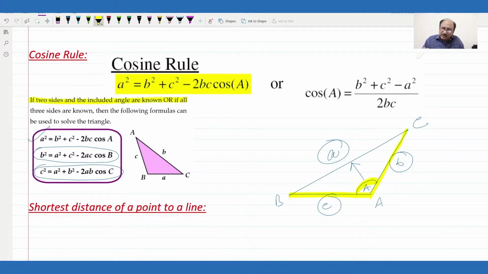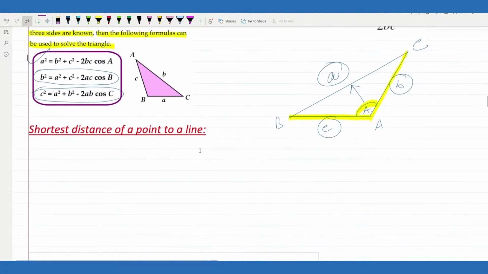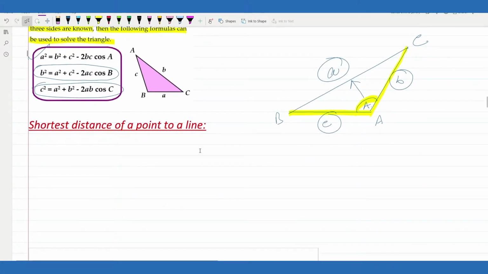Or the second situation is if we know all three sides of the triangle, then we can use this. Then we can discuss some more.